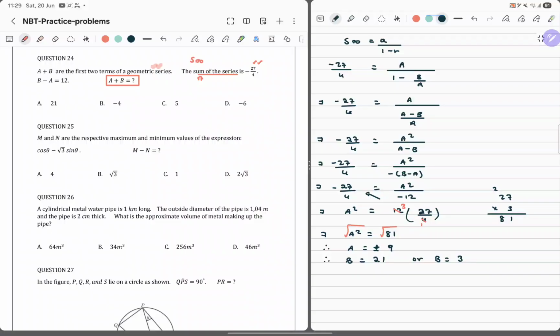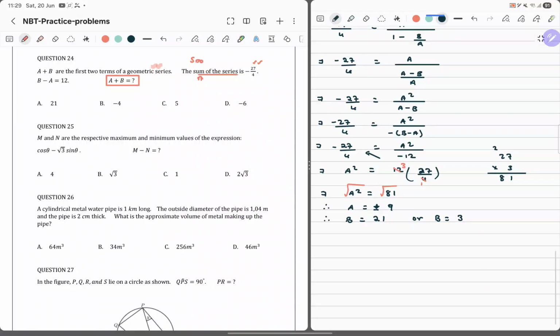Right. Now the question says, what is the value of a plus b? Okay, so if we look here nicely, already a plus b cannot be 21. It can't be, because b is already 21. So let's just check the possibilities.